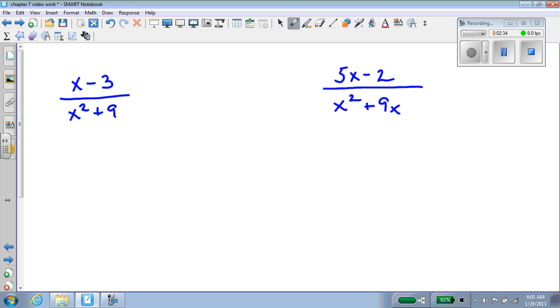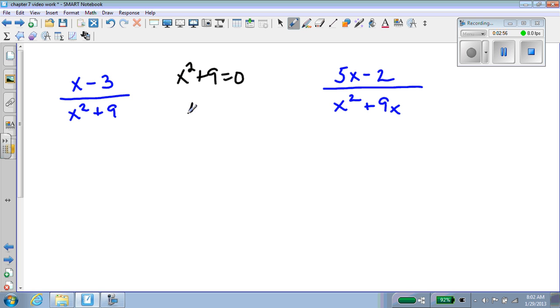What about when would x minus 3 over x squared plus 9 be undefined? Well, that would happen when x squared plus 9 equals 0. We don't have a factoring strategy for x squared plus 9. In fact, x squared plus 9 is prime. It will not factor.